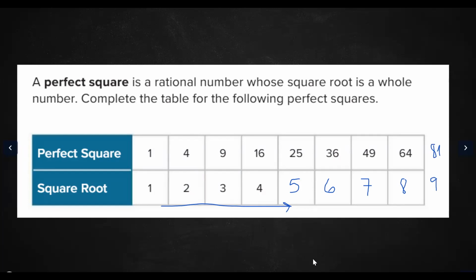So the perfect square is that number that when we multiply it by itself gives us a number, right? So if I multiply 10 times 10, my answer will be 100. So I can say that 10 is the square root of 100, right? Good. Let's continue with this part.